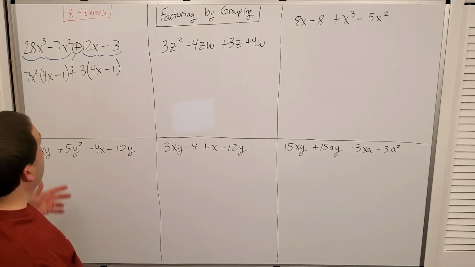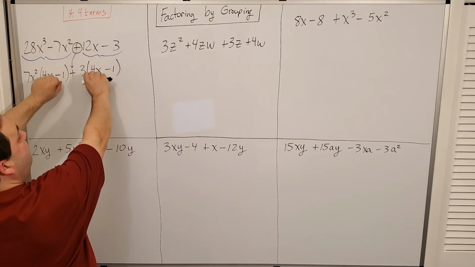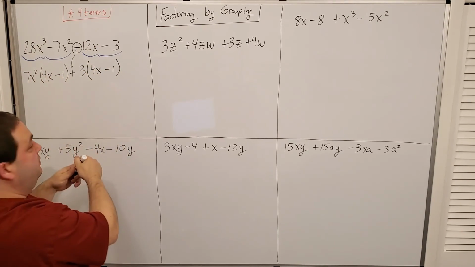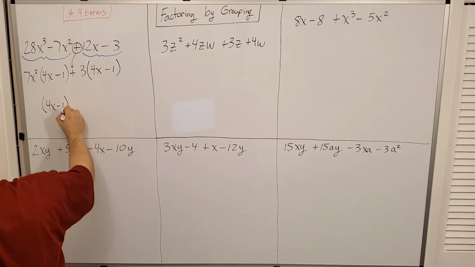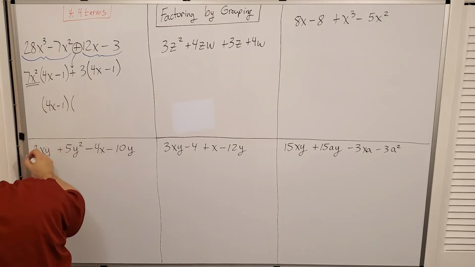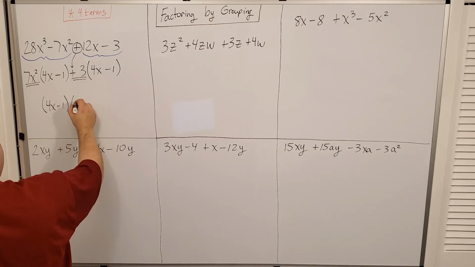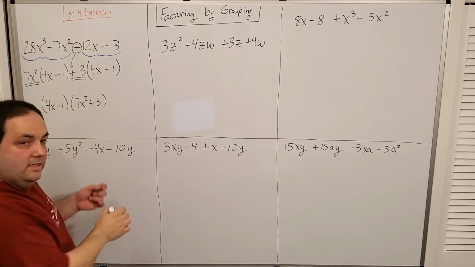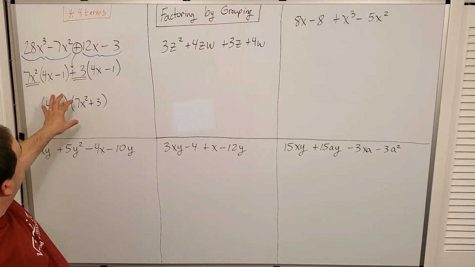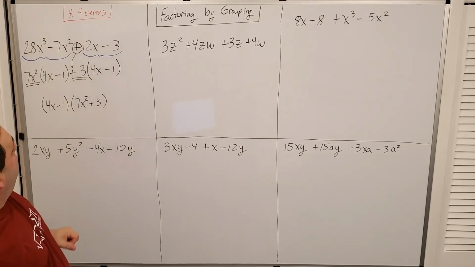Well, just like in the last one, I can take what they have in common and pull it out. Right? I'm going to divide it to the outside, leaving me with the 7x squared plus 3. And now it is complete. That is the factored version of this 4-term polynomial.